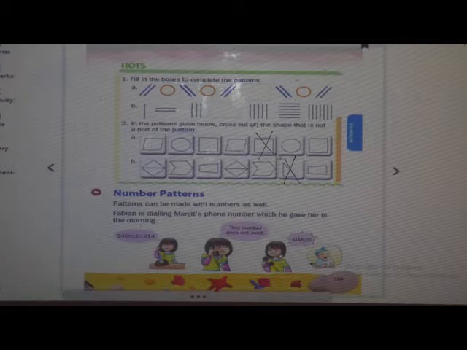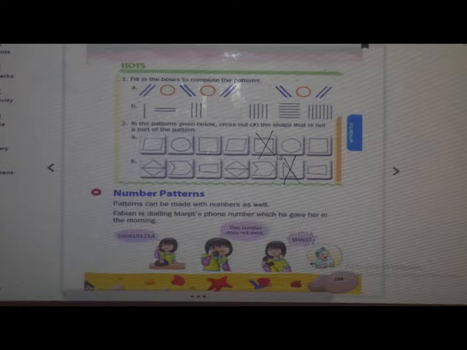Finish. In the first one cylindrical and in the second one triangle. They are odd, means it is not part of the pattern.